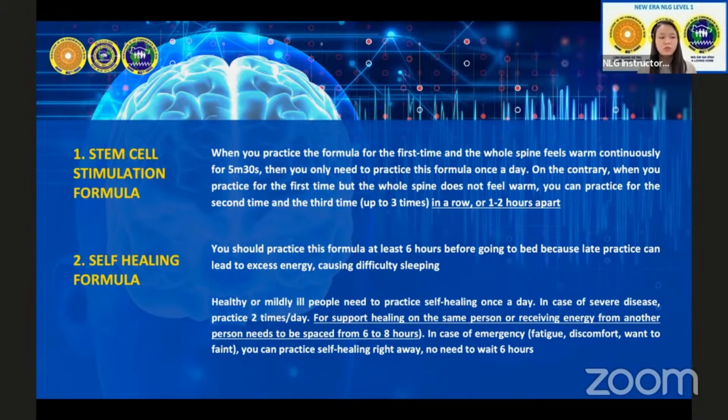So you need to work out a schedule for yourself. Let's say you practice for yourself in the morning. Then you need to space it out at least 6 hours until you can receive another healing support session, either from someone else or from Mr. Lay, or do another self-healing if needed.